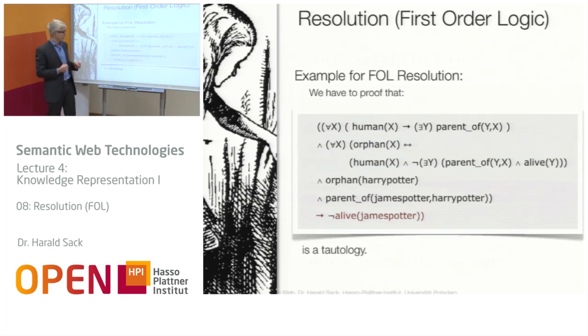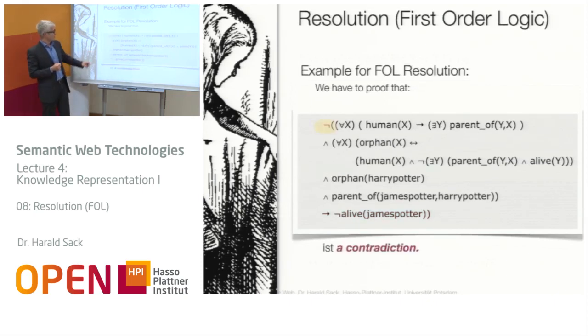So we have to prove that the knowledge base implies the assumption that James Potter is not alive, that this is a tautology. And to do that with a resolution, we have to negate this statement. So we have to prove that the negation of this statement, so we put braces around it and put a negation in front of it, is a contradiction.